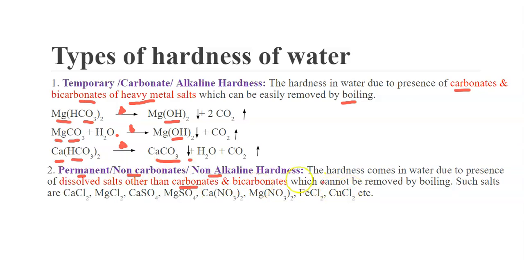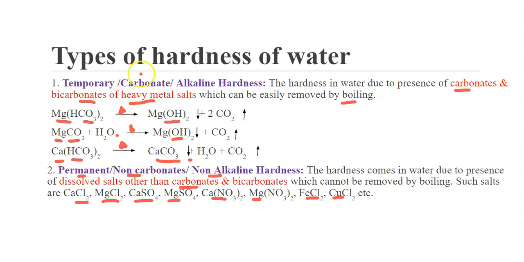Examples of those salts are calcium chloride, magnesium chloride, calcium sulfate, magnesium sulfate, calcium nitrate, magnesium nitrate, ferrous chloride, and cupric chloride. If salts of heavy metals like magnesium or calcium, other than carbonates and bicarbonates, are present in water, then the hardness of that water would be permanent hardness.